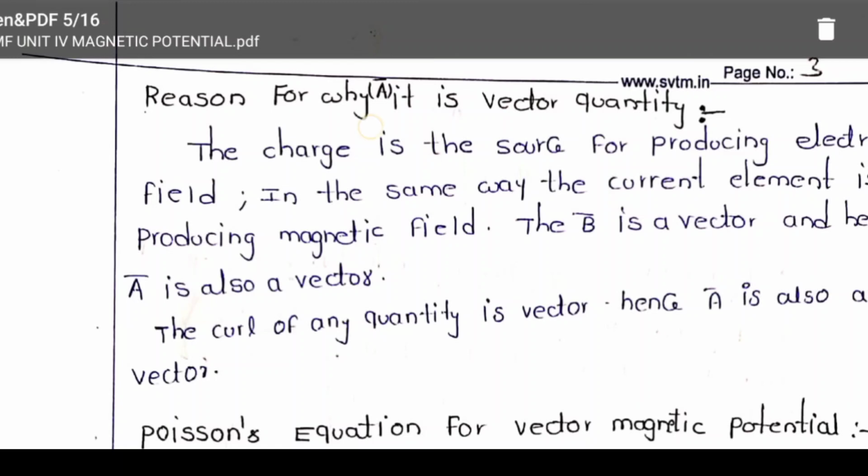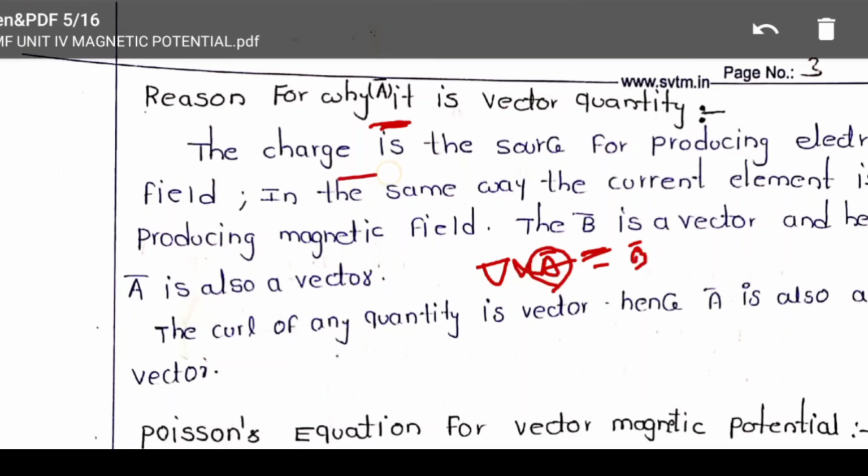Why is vector magnetic potential A bar a vector? For a simple reason: B bar is a vector, and del cross A equal to B bar.